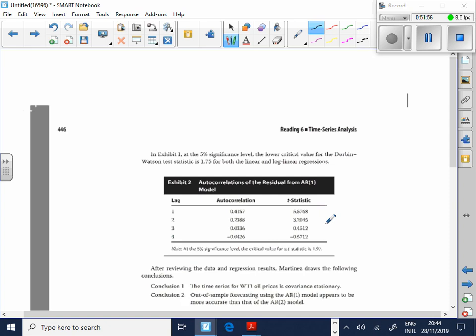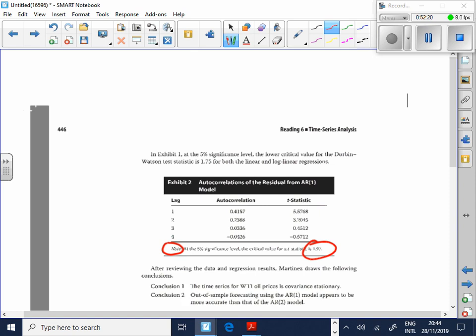In the note, see a little note over there? Very important. What does it say? At a 5% level of significance, the critical value for the t-stat is 1.97. You happy with that, guys? In other words, they're not giving you a t-table. They're not asking you to go and find any values.